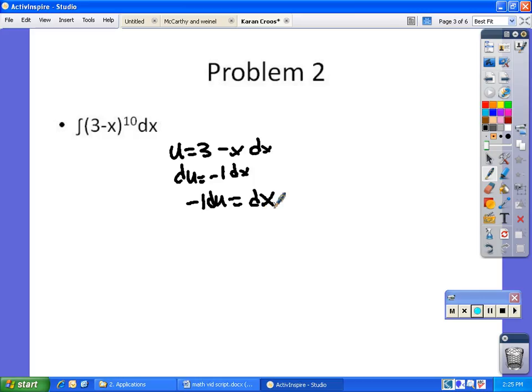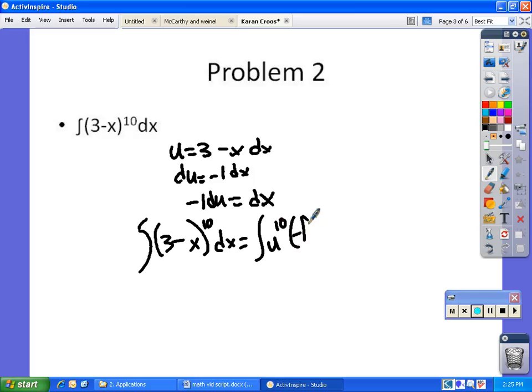Now you plug it back in, so you get the integral of (3 − x)¹⁰ dx equals the integral of u¹⁰ times −1 du.